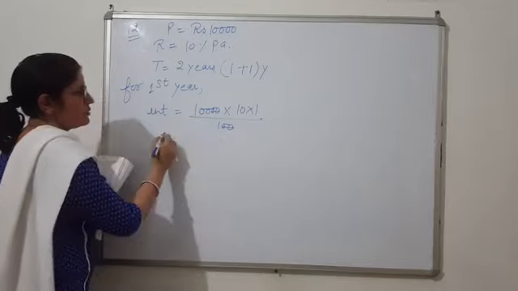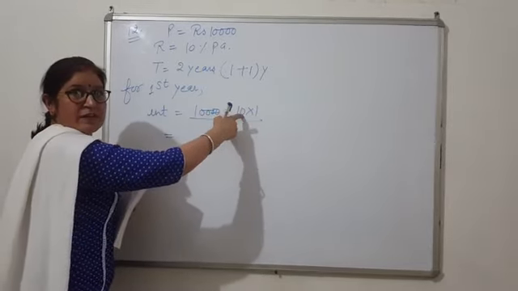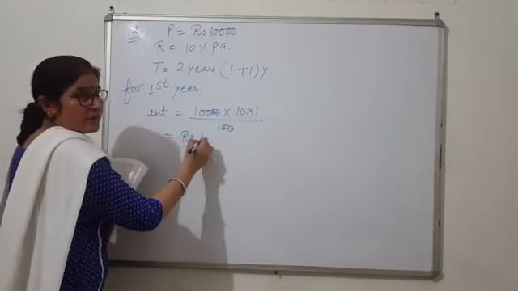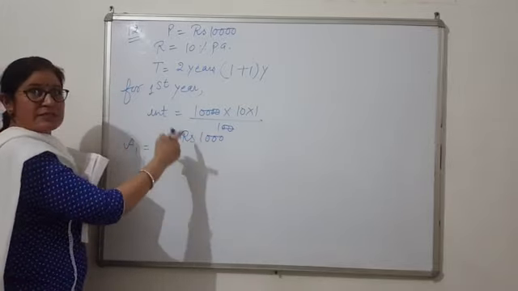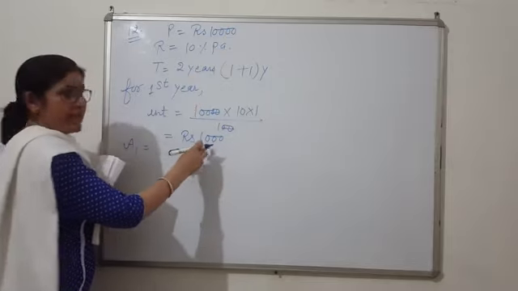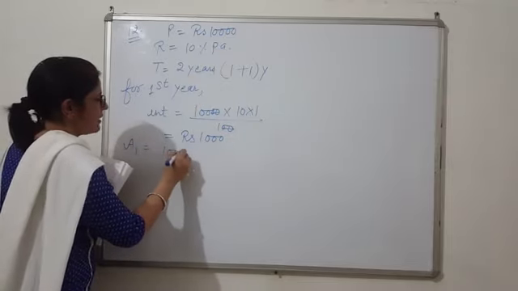Zeros cancel by zeros. When we multiply 100 with 10, we will get rupees 1,000.